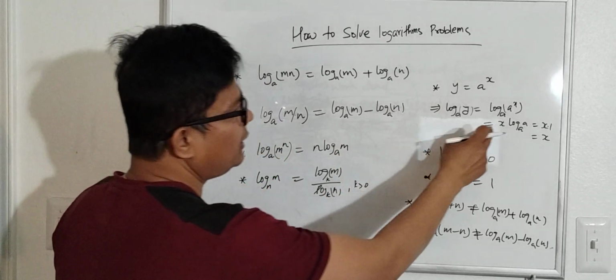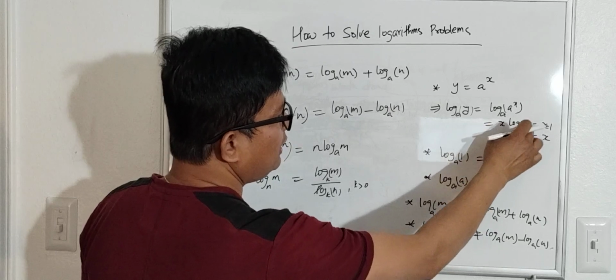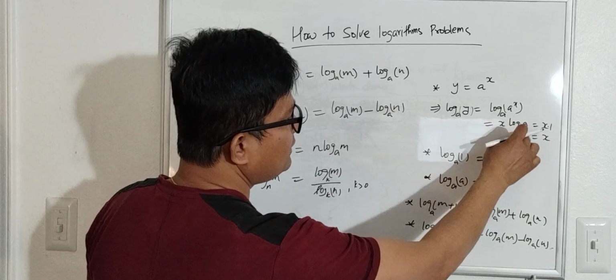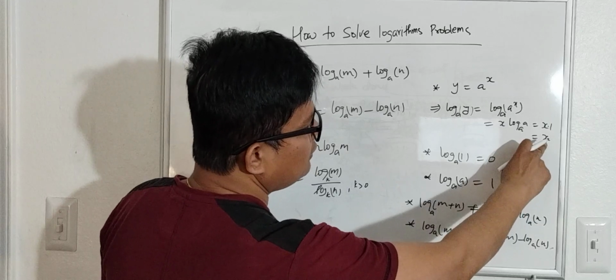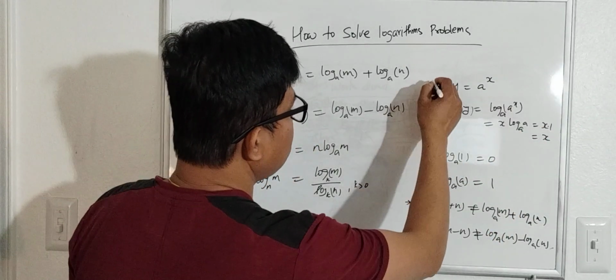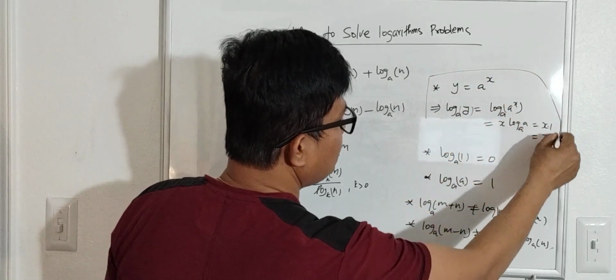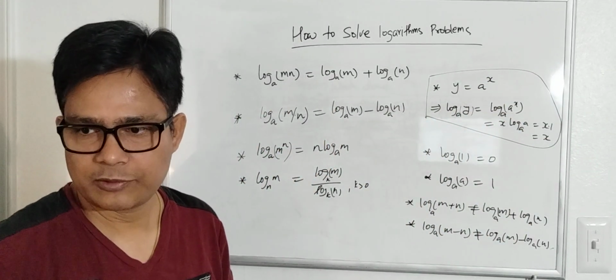Similarly here, log a power x is x times log a a, and if you have base and number the same, it becomes 1, and that's why x times 1 is x. So this is the basic relationship between exponent and logarithm.